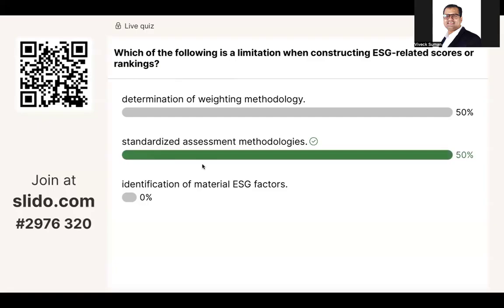Correct answer is standardized assessment methodology, it has limitations, okay? Because you cannot apply it to all industries. One size fits all doesn't work in ESG, okay? Every industry is different, and when you have that kind of scoring matrix, you do really well.